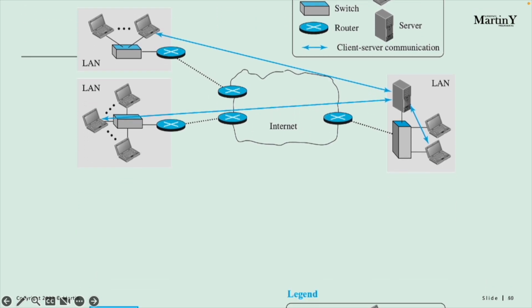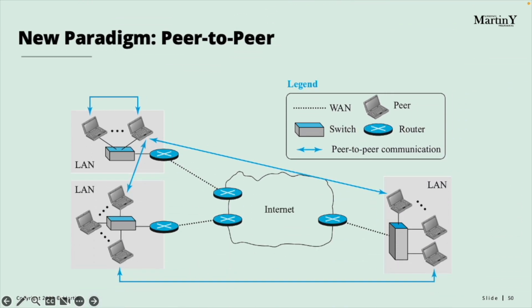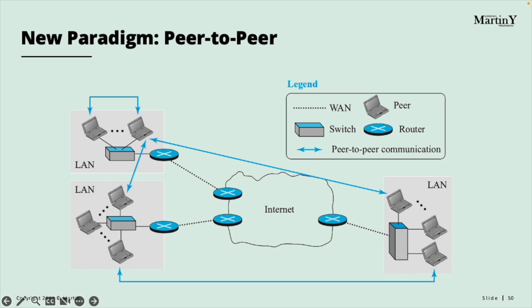But there's another one that is also quite popular for some applications, and this is the peer-to-peer paradigm. So with that one, the provider of the services is not a server, right? Every computer on the network has exactly the same status.